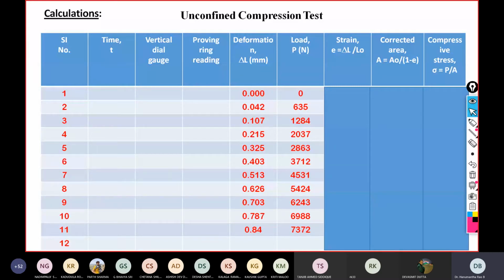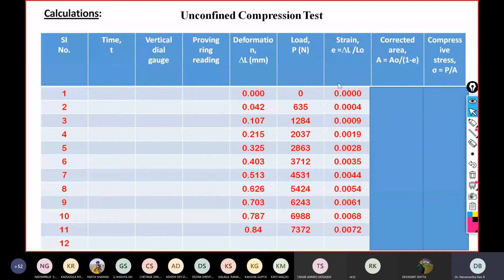Now, since I know the initial length of the soil sample L0 and the delta L from this column, I can calculate the strain, that is epsilon, defined as delta L by L0. Then, as I told you, as you are progressing the test, the cross-sectional area does not remain the same.